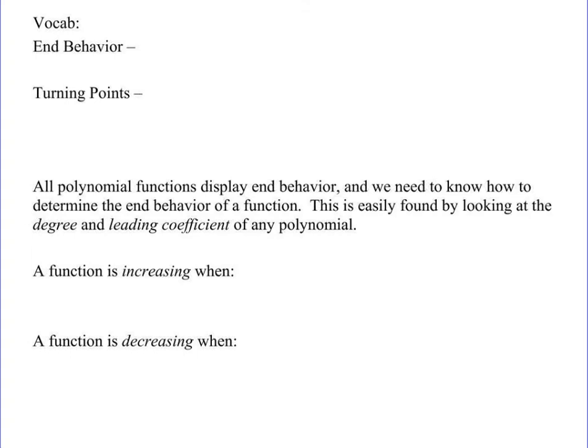End behavior is what the graph does as x, this is kind of important here, as x goes to infinity and as x goes to negative infinity. I have an arrow there and the infinity symbol, but you read it as what the graph does as x goes to infinity and as x goes to negative infinity.